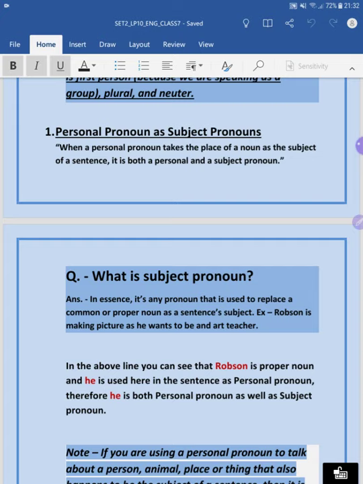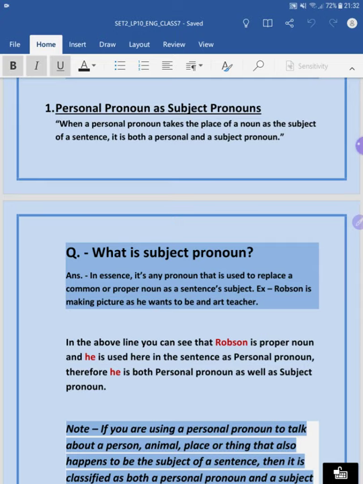So in this example you can understand that Robson is a proper noun, because we are talking about a specific person. However, he is being used as a personal pronoun which is replacing Robson, and art teacher is the gender.